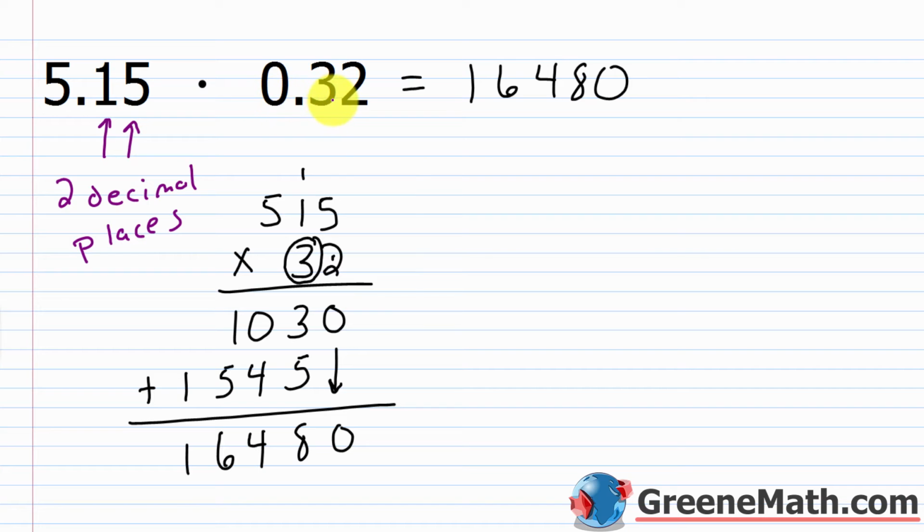And in 0.32, I also have 2 decimal places. We're talking about what's after the decimal point. Here I have 2, and here I have 2. If I combine those, 2 plus 2 is 4. So between all of the factors, we have 4 decimal places. That tells me we're going to have to move our decimal point 4 places to the left.